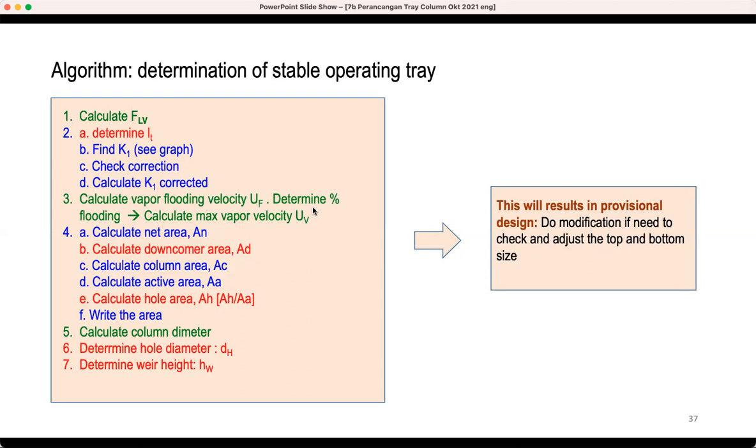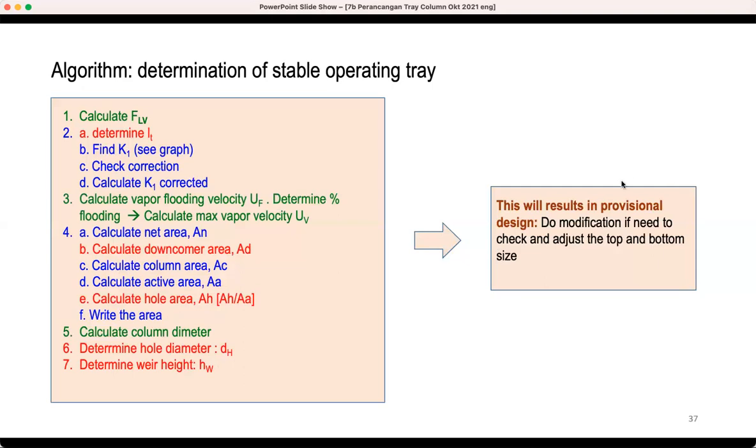Is it 85%? And calculate the max vapor velocity. From this you can calculate the net area, the downcomer area, the column area, the active area, and the hole area. So you can calculate all the areas, and when you have the areas, you can calculate the diameter. And also the hole diameter and weir height should be calculated.